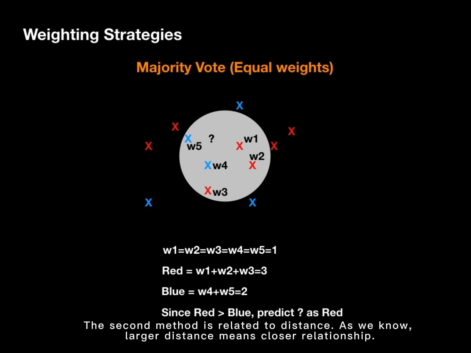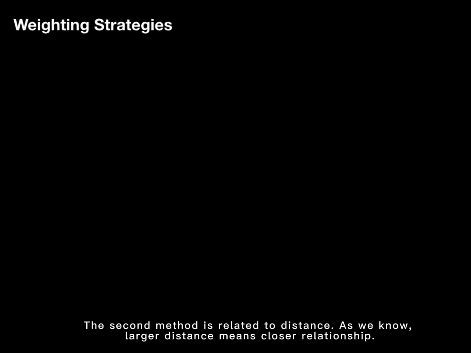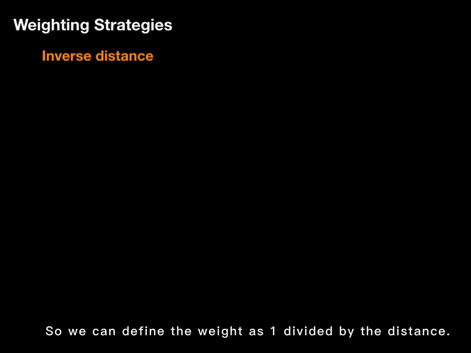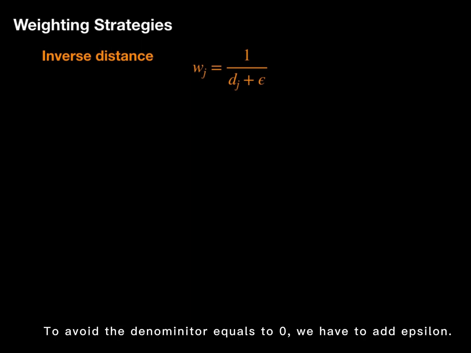The second method is related to distance. As we know, a smaller distance means a closer relationship. So we can define the weight as 1 divided by the distance. To avoid the denominator equaling 0, we have to add epsilon.